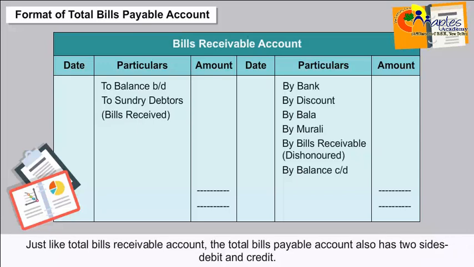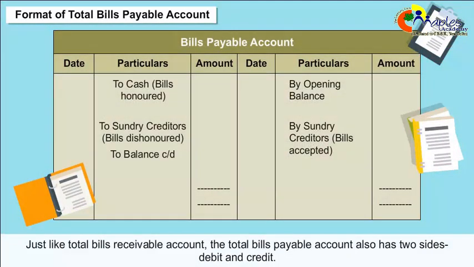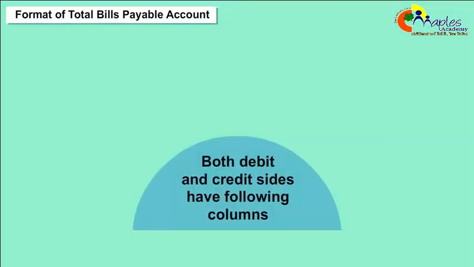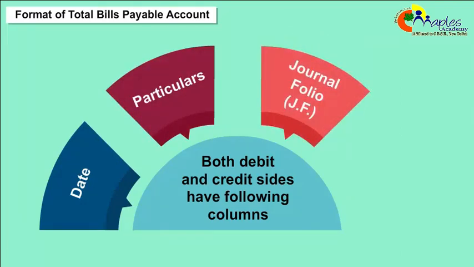Just like total bills receivable account, the total bills payable account also has two sides, debit and credit. Both debit and credit sides have following columns: date, particulars, journal folio, JF, amount.